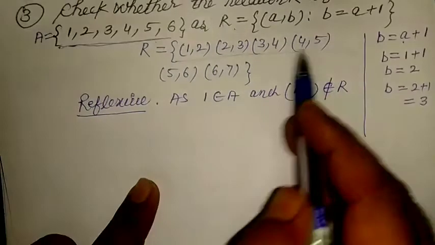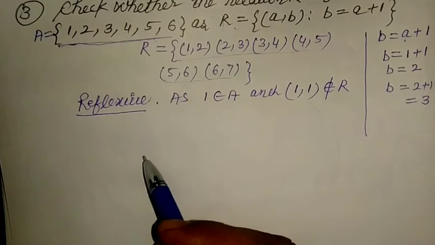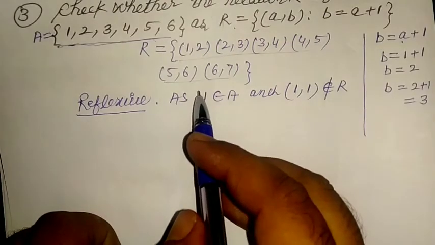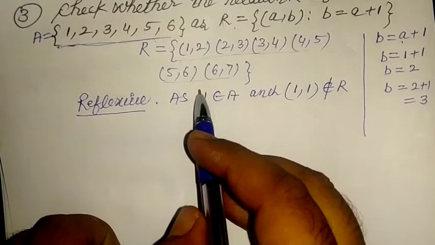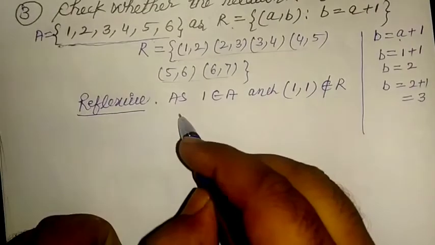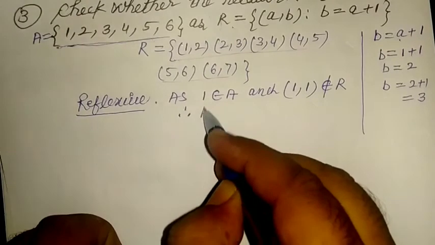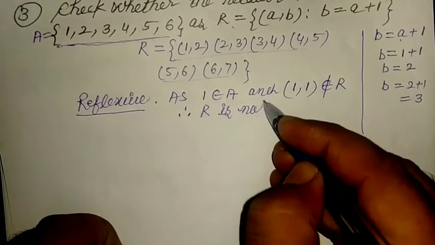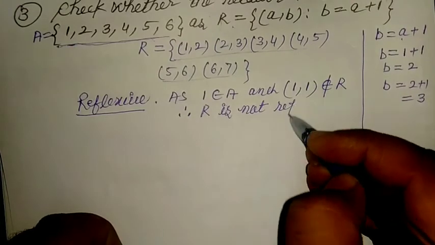You can see in the relation that (1, 1) does not belong. So in this case we can say therefore R is not reflexive.